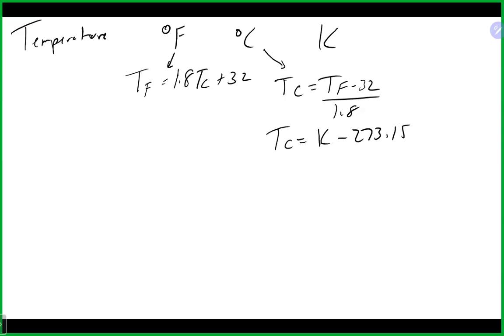But out of all these, it is Kelvin that is probably used the most. Our temperature in Kelvin will equal our temperature in Celsius plus 273.15. Remember, they want you to use that whole number there at this school to calculate Kelvin, and going backwards would be right there.